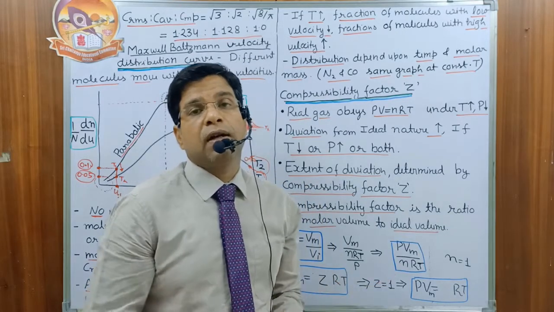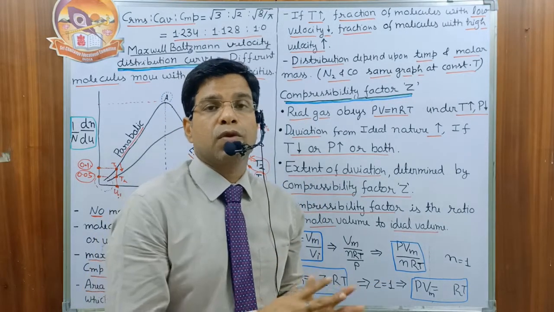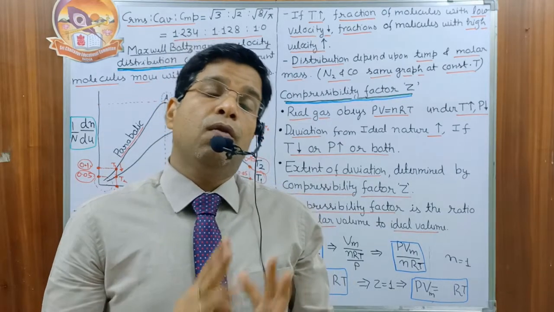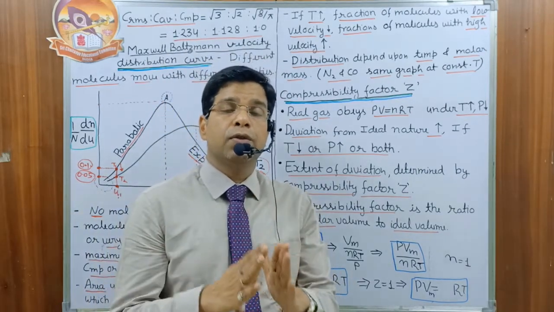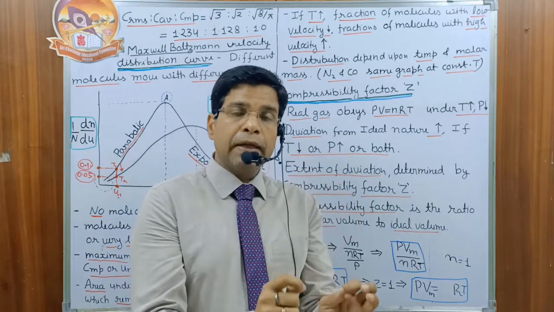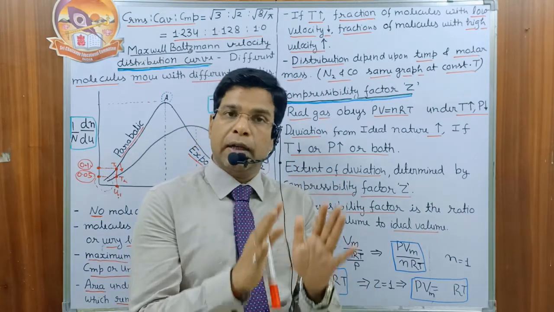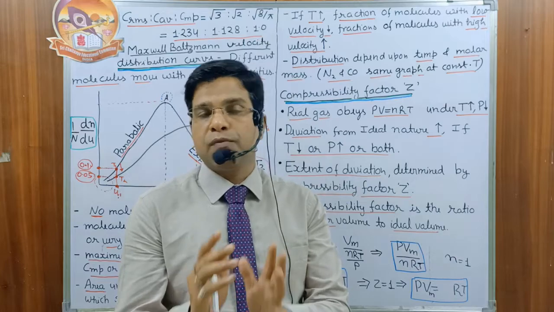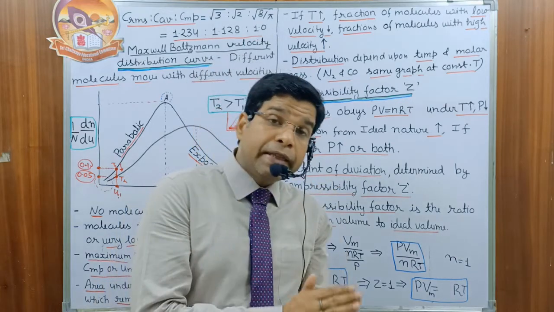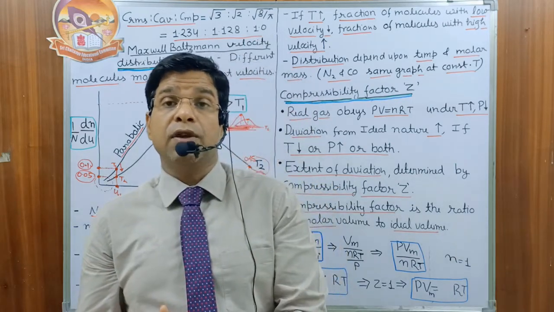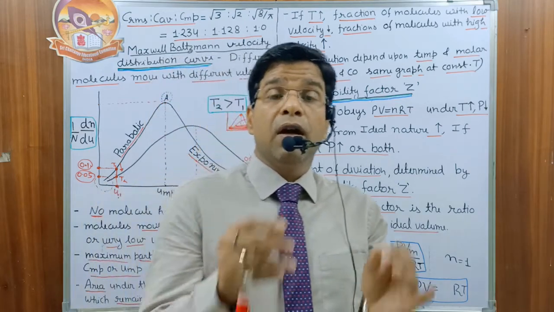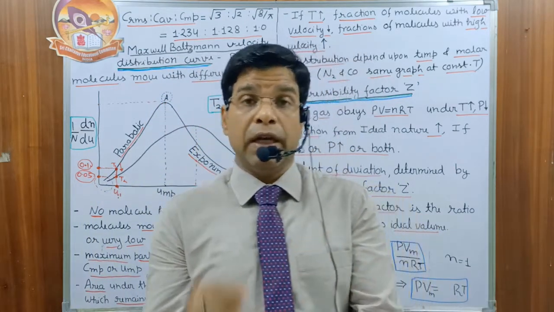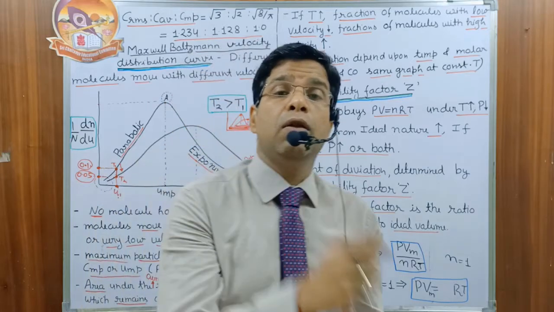Next we have the compressibility factor, which is one of the most important topics of this chapter. What is the compressibility factor? First you understand that real gases follow the ideal gas equation, the ideal gas behavior, under the condition of very high temperature and very low pressure.